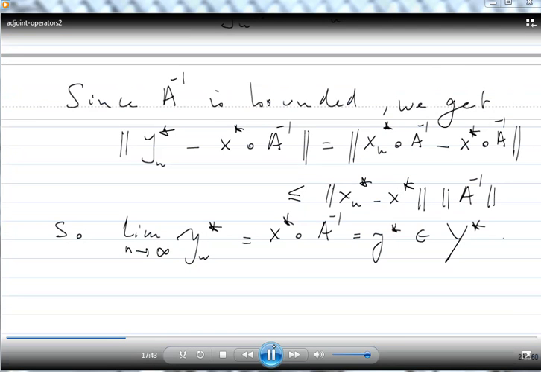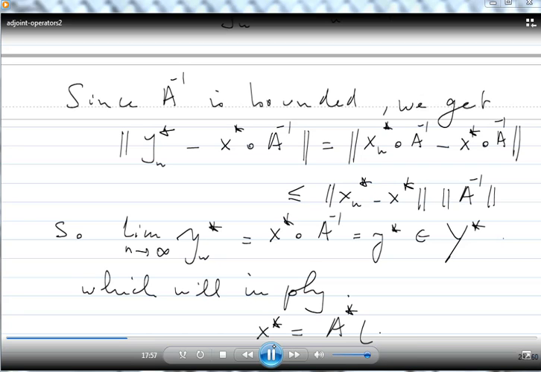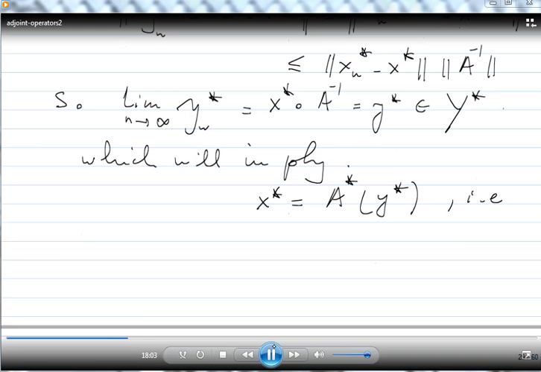Again, same calculations as above would imply that in fact x star is equal to A star of y star, which means that our point x star belongs to the range of A star, and that is exactly what we wanted to show.